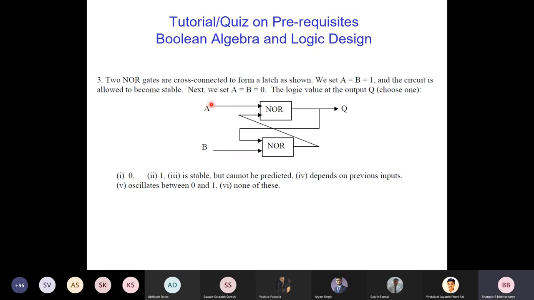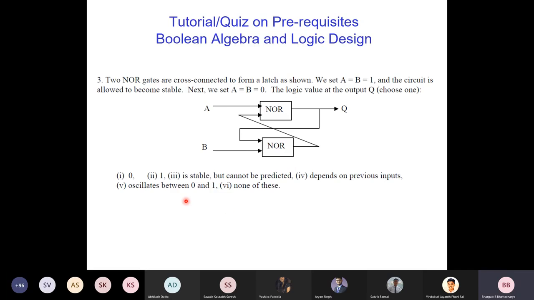Beyond A, there may be another circuit generating this signal, and similarly beyond B. The arrivals of A equal to B equal to 0 may not be exactly synchronous. There may be an infinitesimal delay between these two. So if one of them changes ahead of the other, then depending on that, the Q will be either 0 or 1. You may verify it.